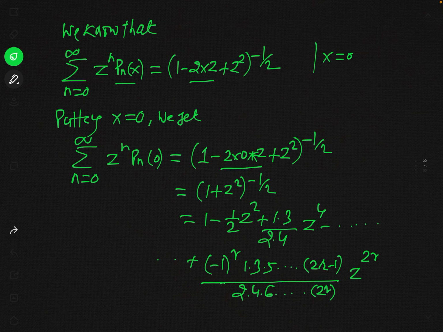To get the alternating series we have written minus 1 to the power r, so that alternate terms will be of opposite sign. For odd r the term will be negative, and for even r it will be positive.